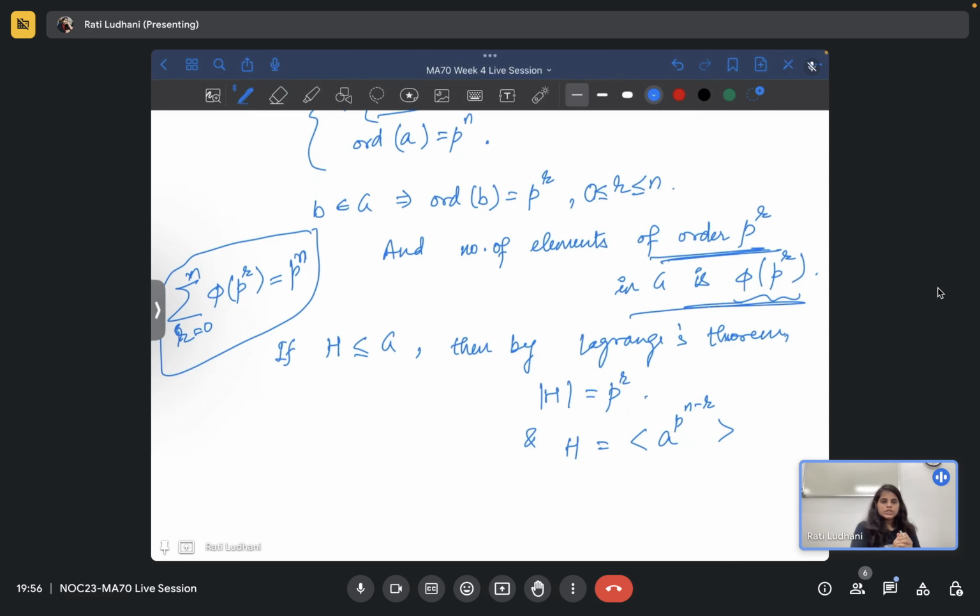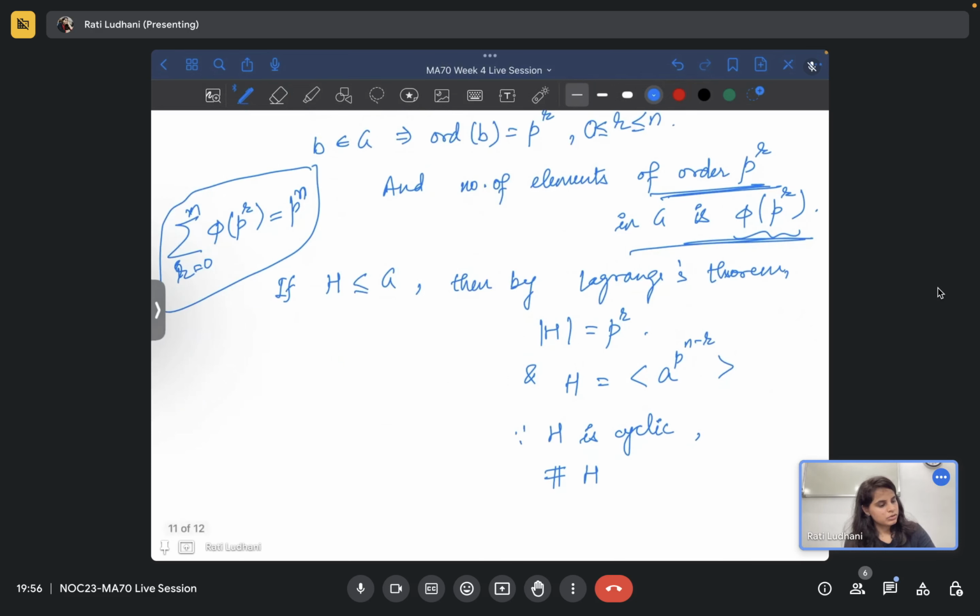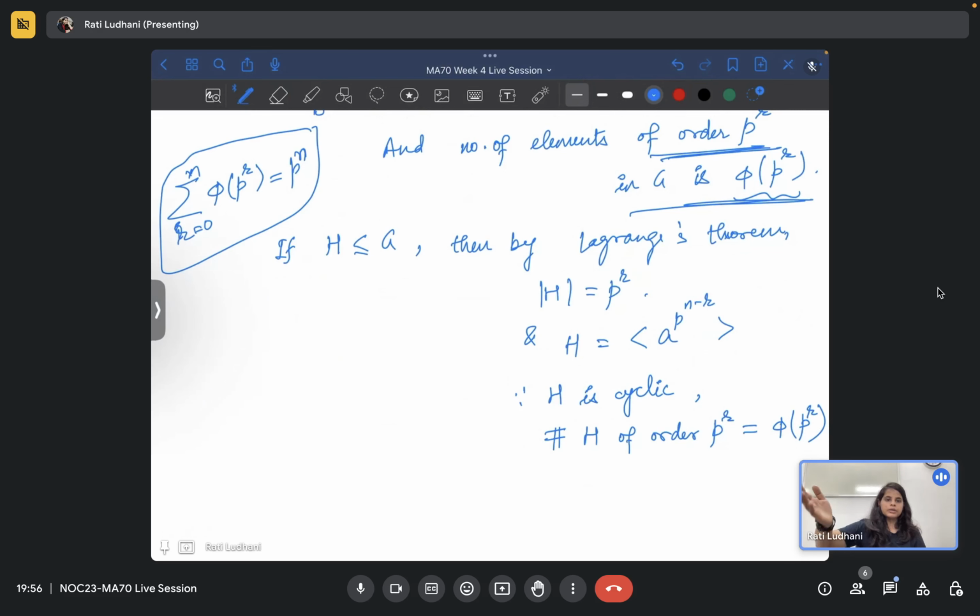So since H is cyclic, the number of elements in H of order p raised to power r will be equal to phi of p raised to power r, right? Now you know that G also has phi of p raised to power r elements of order p raised to power r, and H which is of cardinality p raised to power r also has phi of p raised to power r elements.